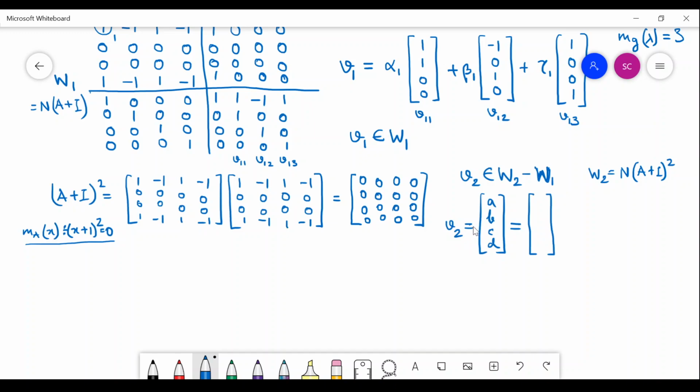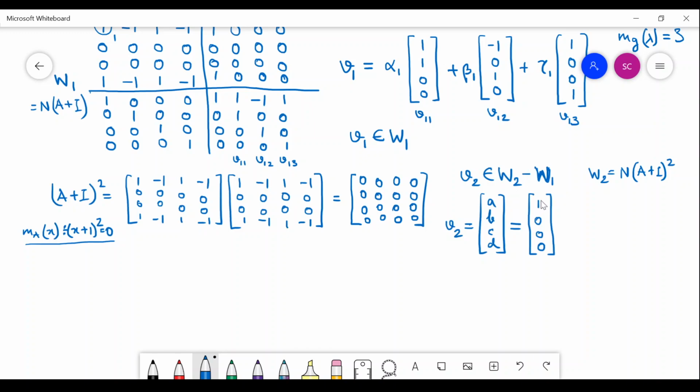So in this case you see that if you keep the first element of v2 as 1 and other elements as 0, by looking at the basis vectors of W1, you can understand there is no way that this sort of thing can happen, because if you want to combine these to form a non-zero first element, you would eventually get a non-zero second element and third element and a 0 fourth element, and the non-zero second and third elements can never be cancelled by this vector V13 because these elements are already 0.